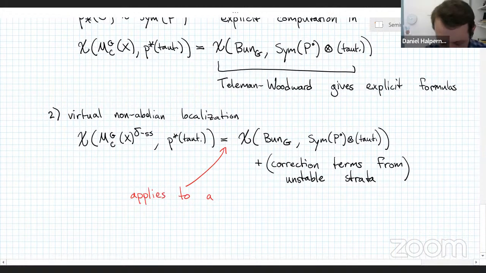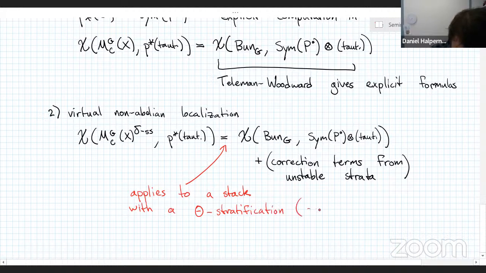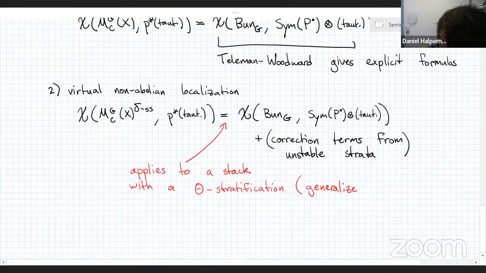It has to have a certain nice deformation theory, but it applies to a stack with a theta-stratification. I'm going to tell you what I mean by this, but this is the generalization of the HN stratification of Bun_G.